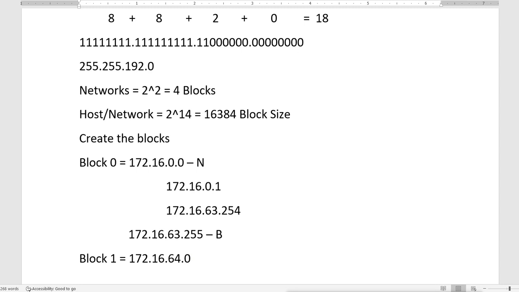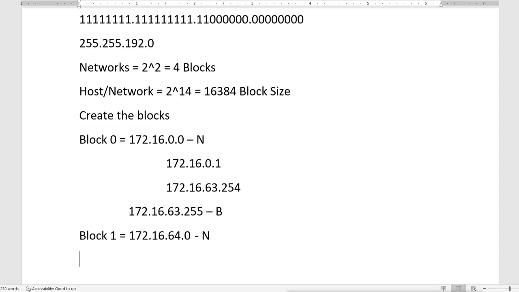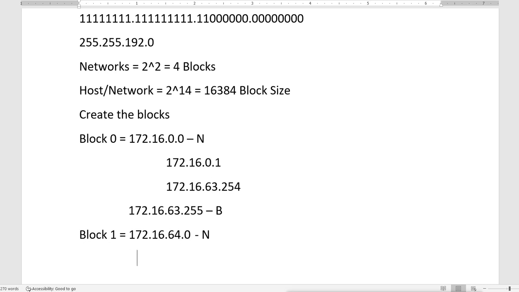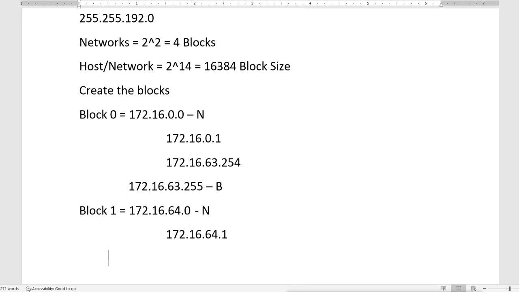So this will be the next IP for the next block, and the valid IP will be 172.16.64.1, and it will go up to 172.16.